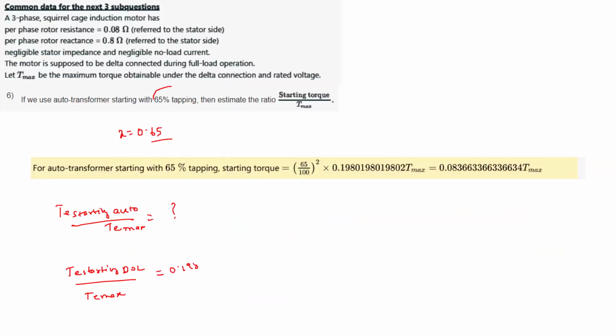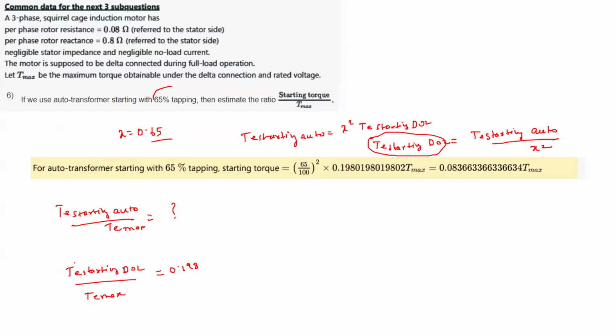Now this T starting auto transformer, how is it related to T starting DOL? It is x square times T starting DOL. So what about T starting DOL? It is T starting auto transformer by x square. So here we will replace this T starting DOL in this equation by T starting auto transformer by x square.